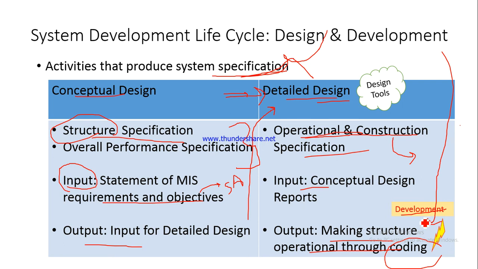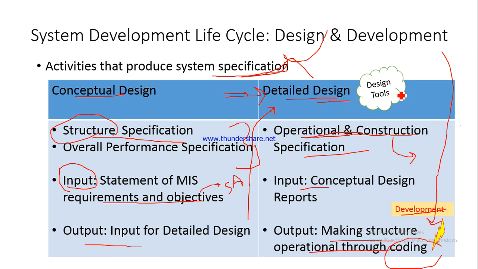You can talk about development as a different stage which will succeed the design stage, right? And for designing purposes, we have various design tools, which of course we are not going to discuss here because that is not part of the syllabus.